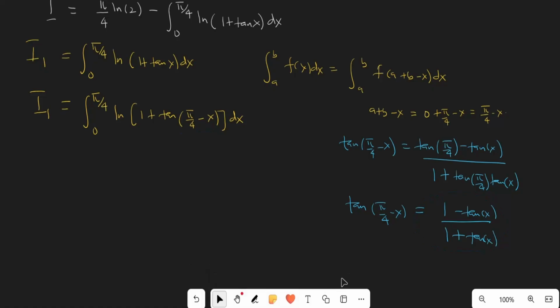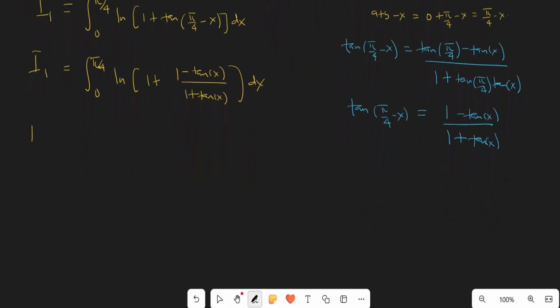Okay, so the integral is now I1 equal to the integral from 0 to pi over 4 of the ln of 1 plus this, which is 1 minus the tangent of x all over 1 plus the tangent of x, dx. Cool.